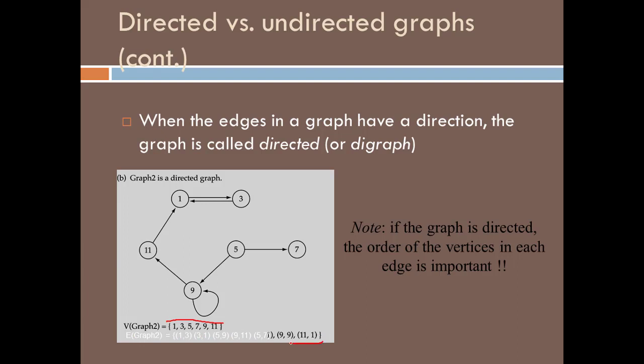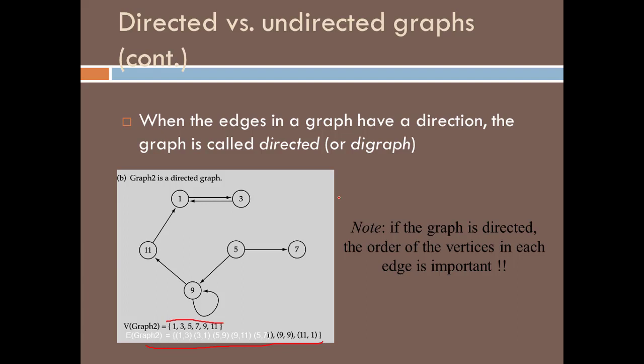So we can see there is a difference between directed and non-directed graphs while making a set of vertices and edges. It is also very important in the directed graph that the order of the vertices in each edge is very important.